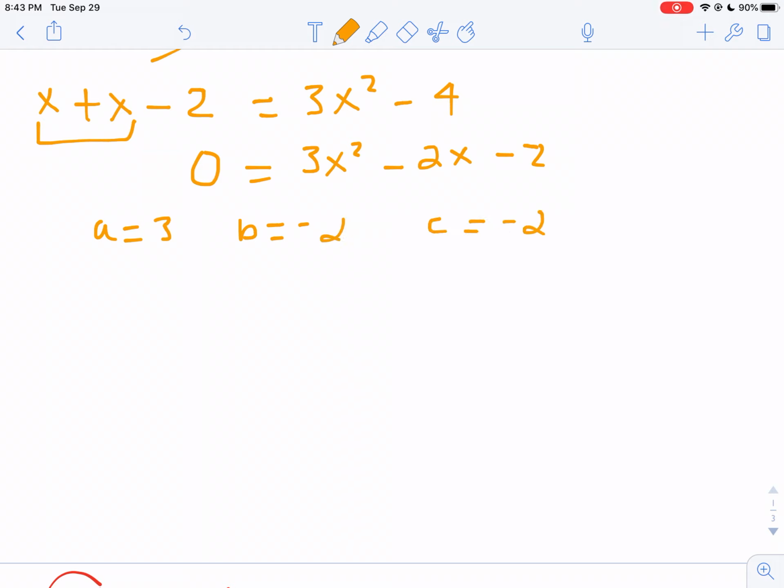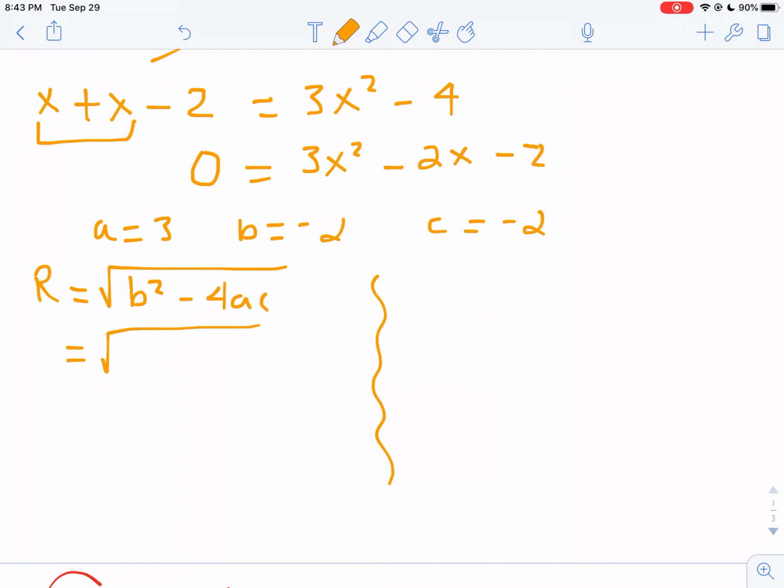I don't know how you use the quadratic formula, but I like to break it down into two parts. I like to find the radical term first, which is the square root of b squared minus 4ac.